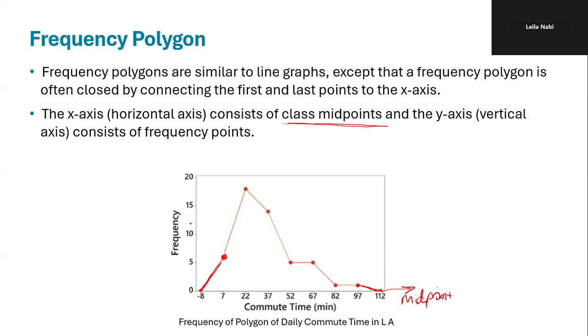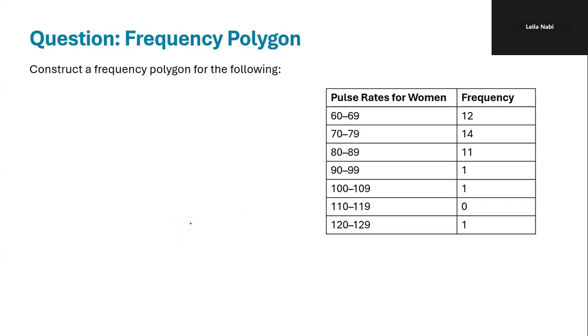Now, how can we create a frequency polygon? Let's look at this example. We have a data set with the classes of data, but we know the frequency polygon needs midpoints, okay? So we need to create another column in the table to find the midpoints first. To find the midpoints, if you remember, we add the lower class limit and the upper class limit of each class and then divide it by 2.